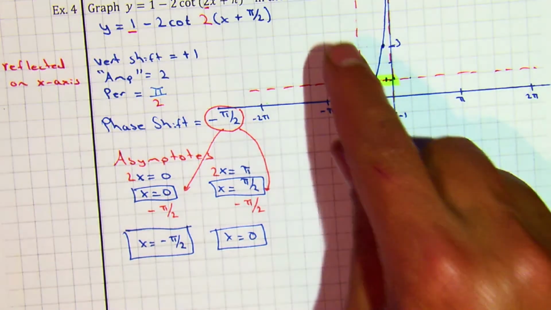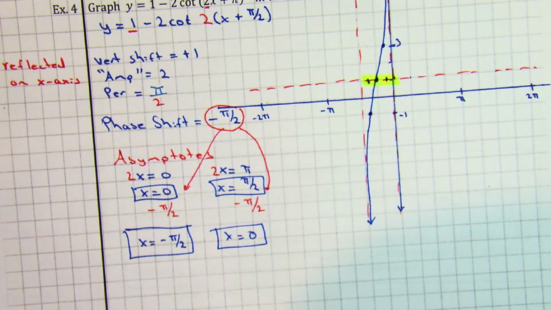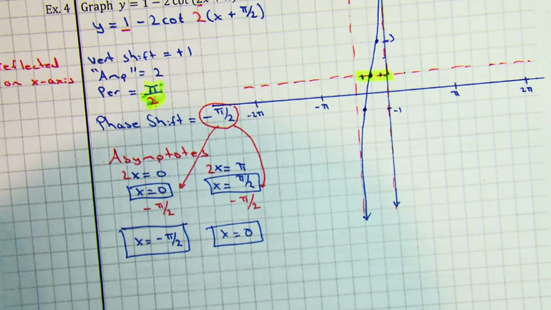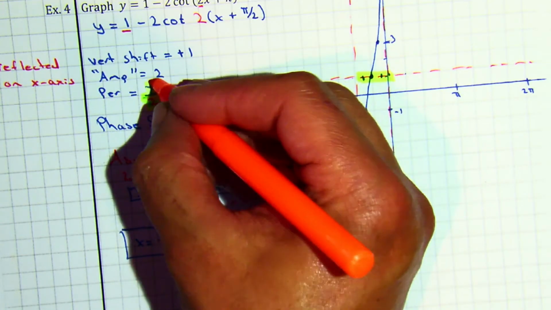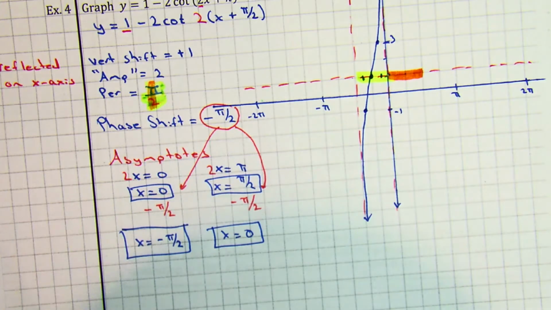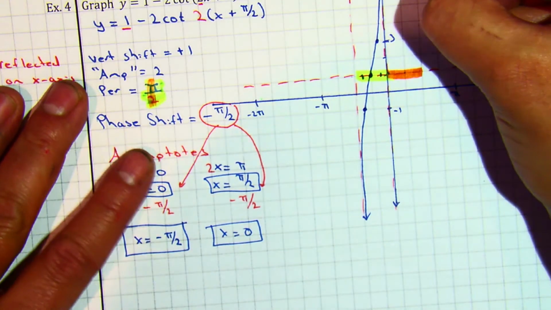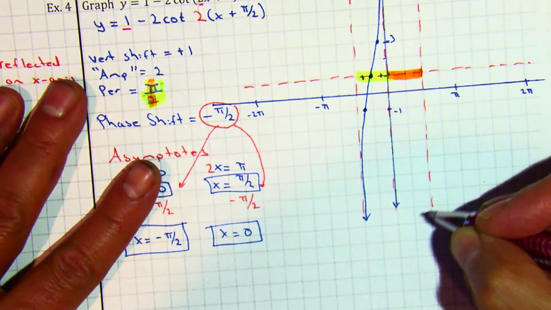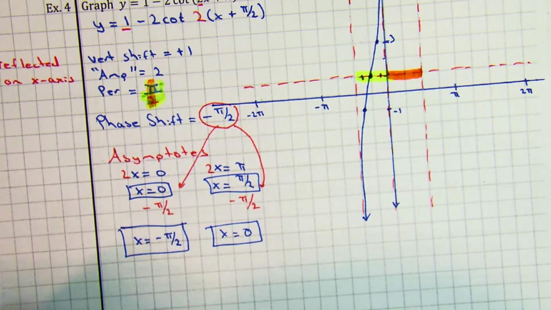And now I need to be able to do it over the interval. So therefore my period is pi over 2. So I'll take another pi over 2, which is 2 squares. And that'll be my next asymptote. I'm going to divide in 4 sections.